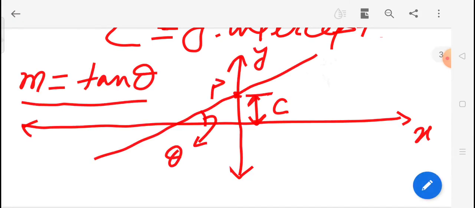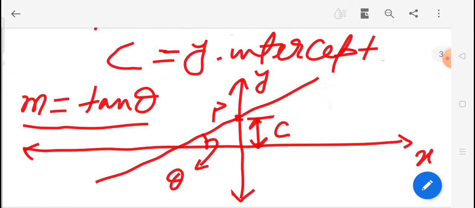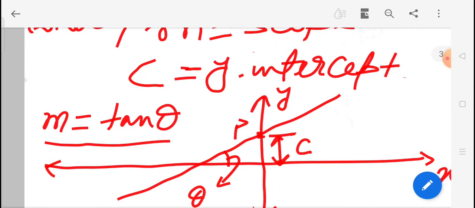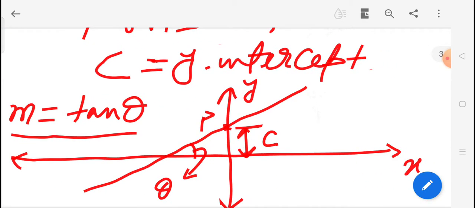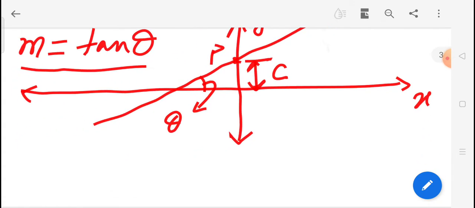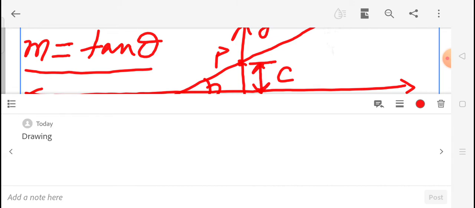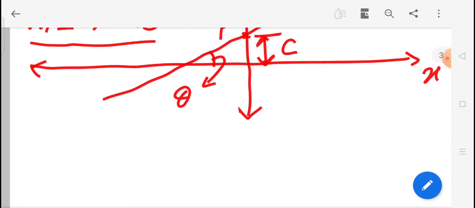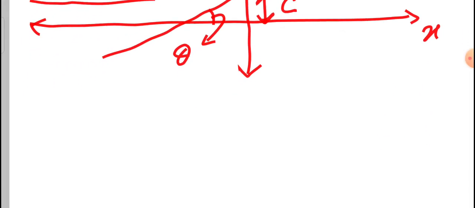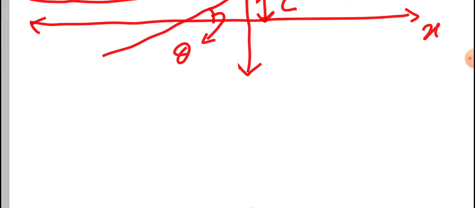Okay, now how we can correlate this slope with the coefficients a1, b1, c1, a2, b2, c2. First of all, I'm going to convert the equation given in the general form into slope intercept form.